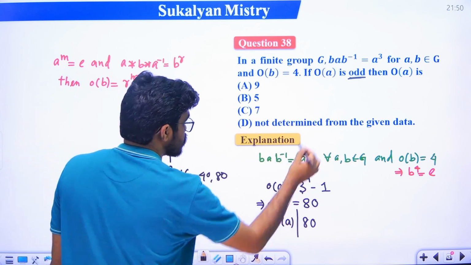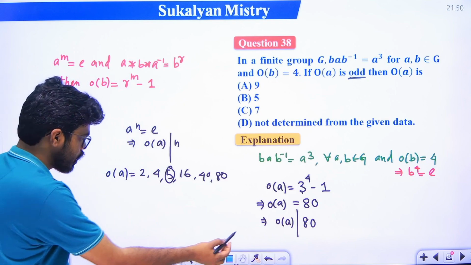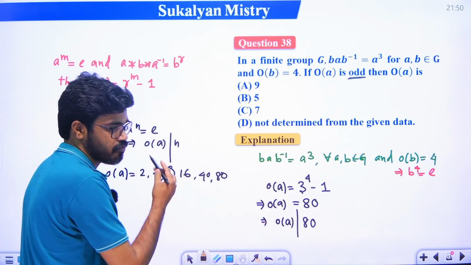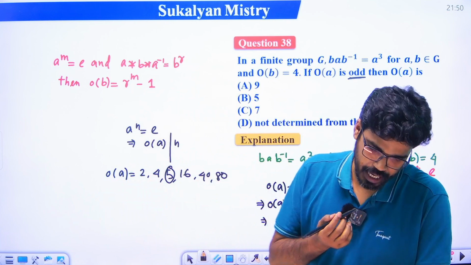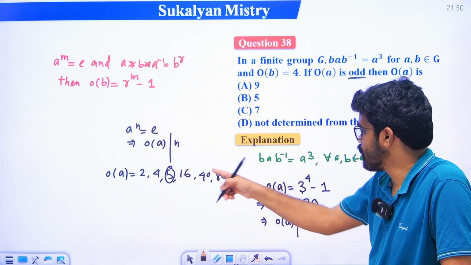So since it is given that the order of A is odd, it follows that the order of A will be 5.